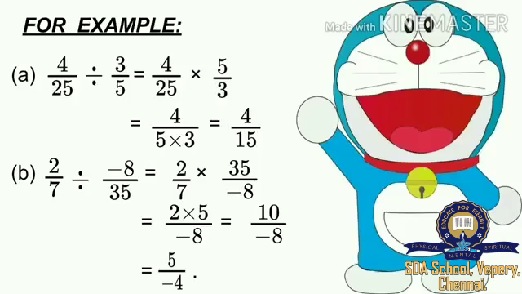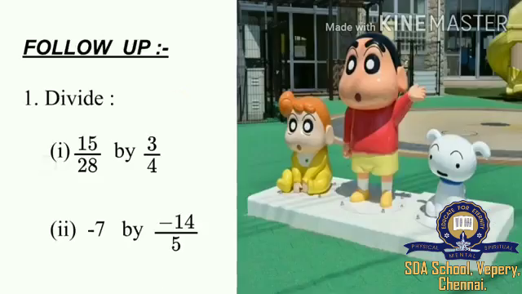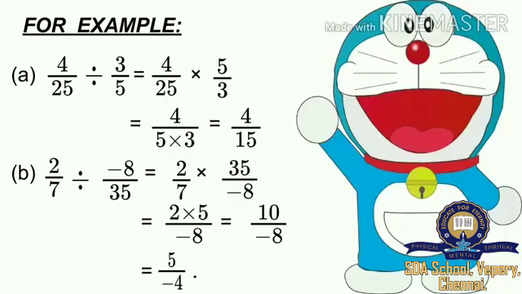Here you are cancelling: 5 ones are 5 and 5 5s are 25. If you cancel this, the answer will be 4 divided by 5 into 3. Here your value is 5 and here your value is 1, right? So you are multiplying 4 into 1 divided by 5 into 3. The answer will be 4 divided by 15.